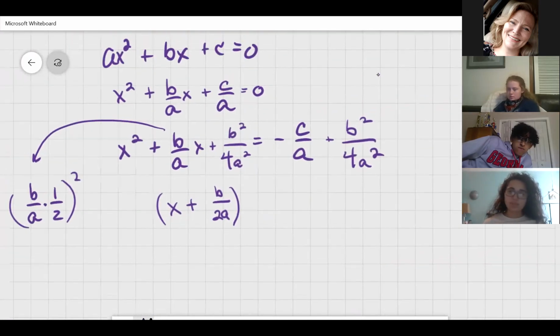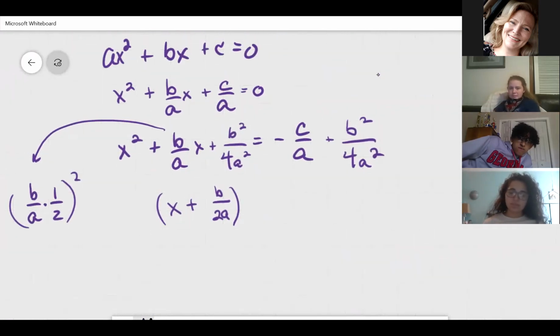All right, so I'm back down here. So this right here is equal to this squared. Over here, if I get a common denominator and add this all together, I'm not going to work that out for y'all, but trust me, you get b squared minus 4ac over 4a squared.